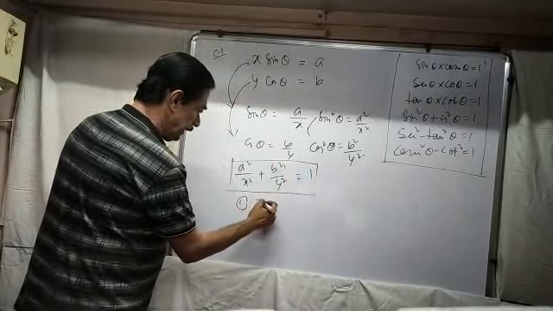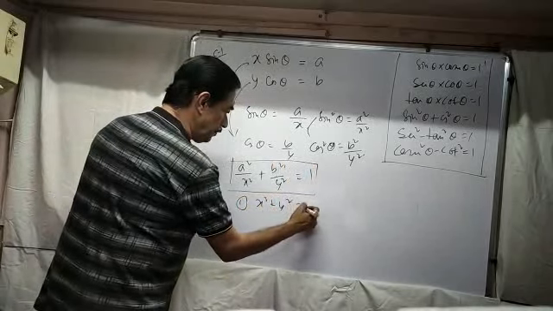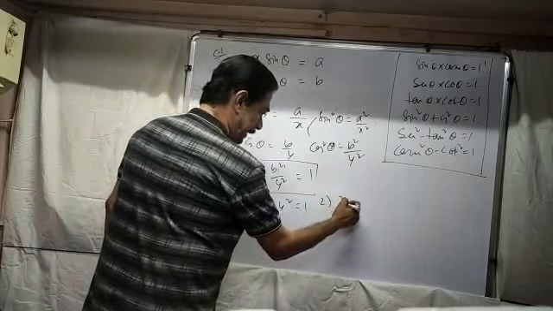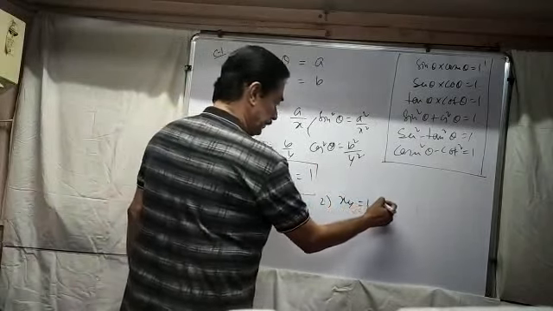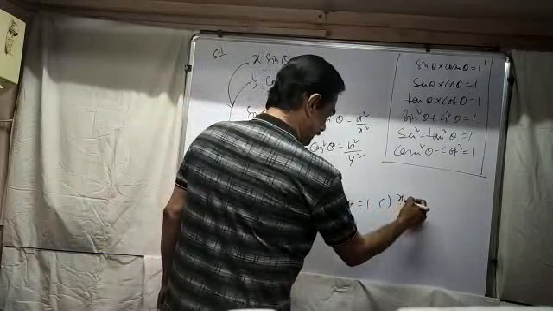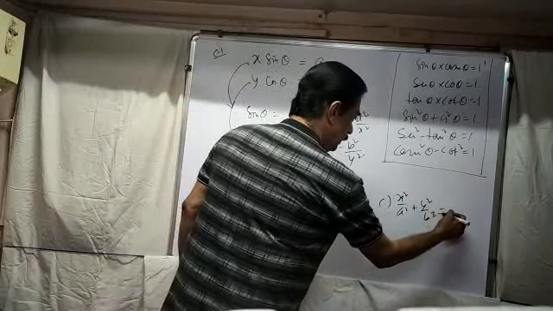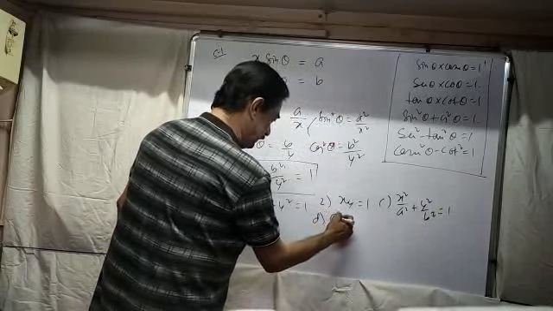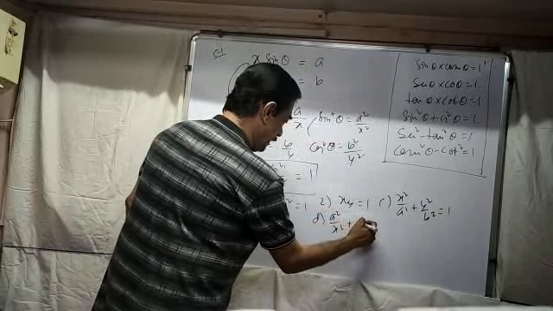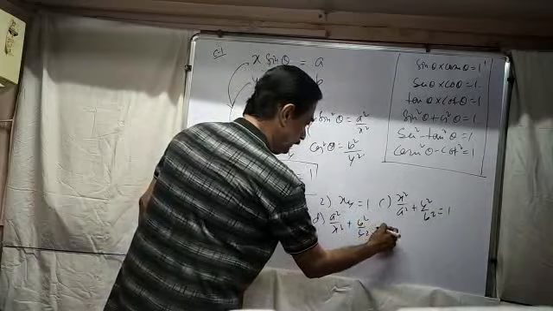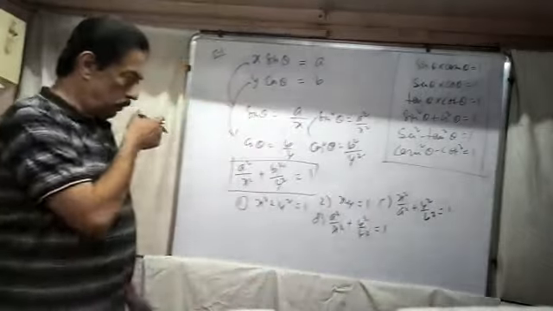Option A, x square plus y square equal to 1. B, xy equal to 1. C, x square by a square plus y square by b square equal to 1. D, a square by x square plus b square by y square equal to 1. You have to choose it.